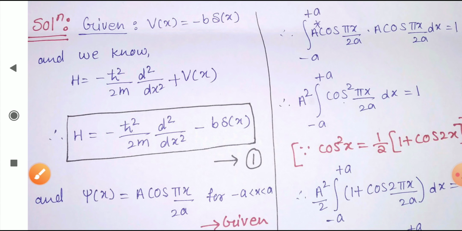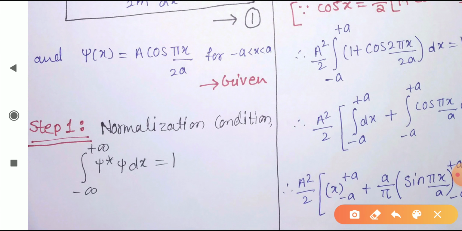Then here we have the given psi function, which is already given in the question. Our first step is to calculate the constant A, which is unknown to us. We can calculate this by using the normalization condition.